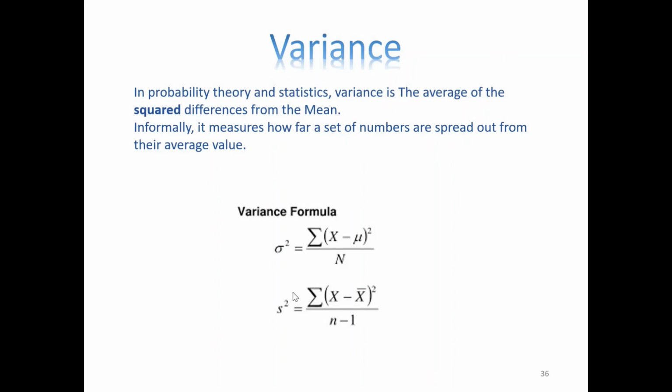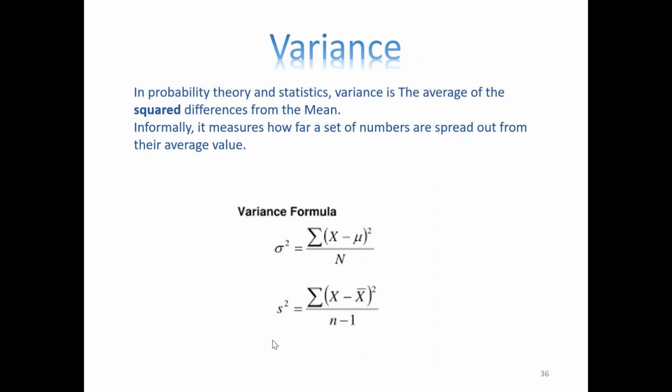In case of sample, we have the same formula where each data point subtracts the mean of the sample and is squared and added together, divided by the sample size minus 1. Here you would notice this minus 1 is additional to the formula in comparison to the population formula of it.